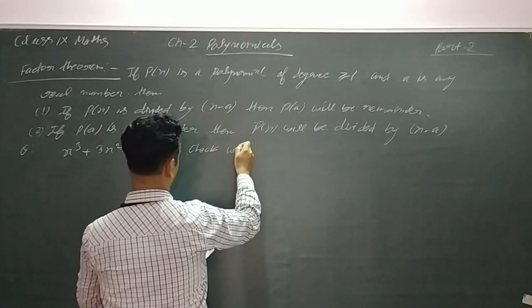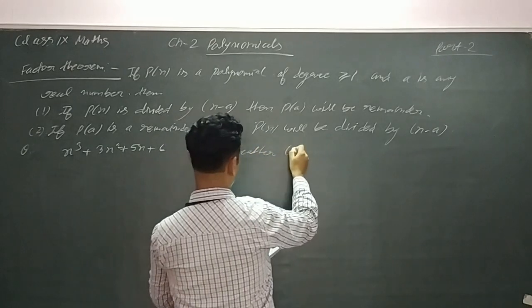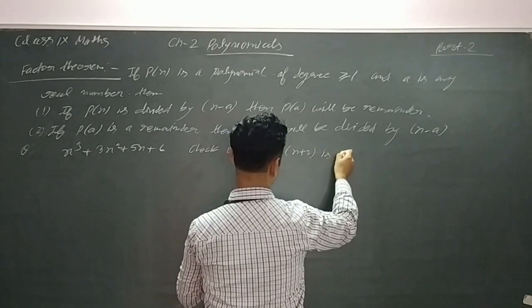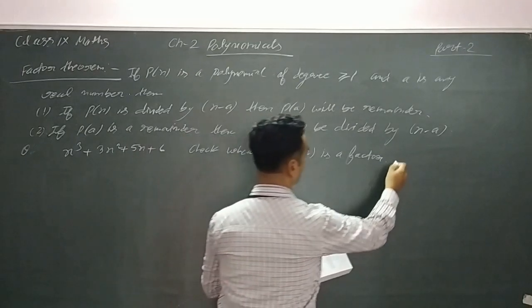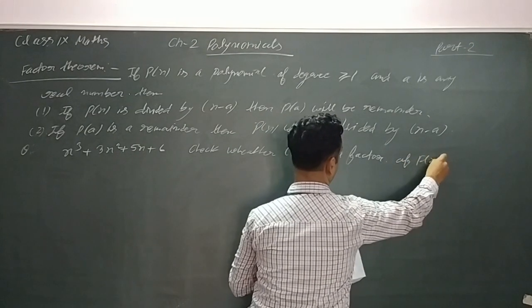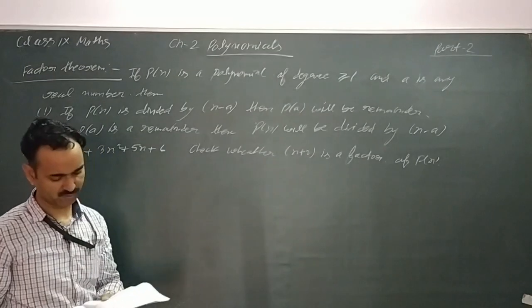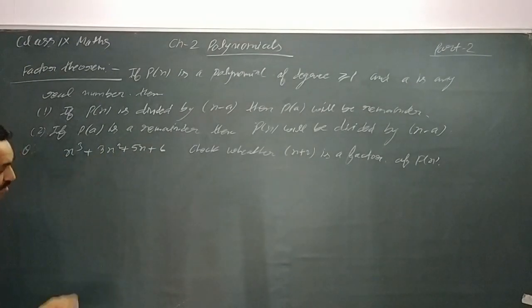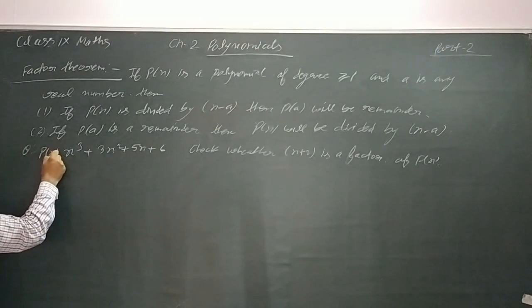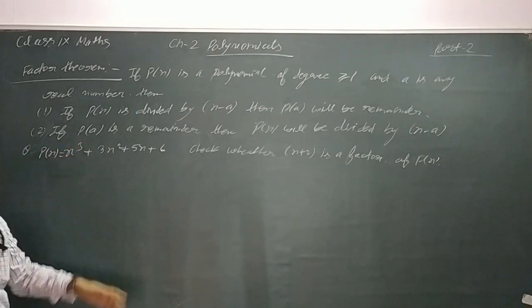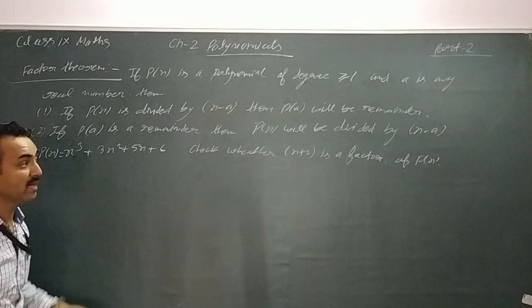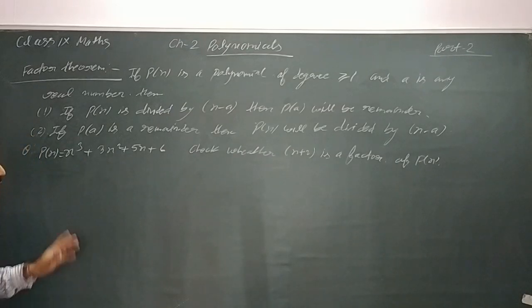Check whether x plus 2 is a factor of P(x). We have to check that x plus 2 is a factor of P(x). So this is P(x). x plus 2 is a factor means that P(x) should be divided by x plus 2. So what will we do?